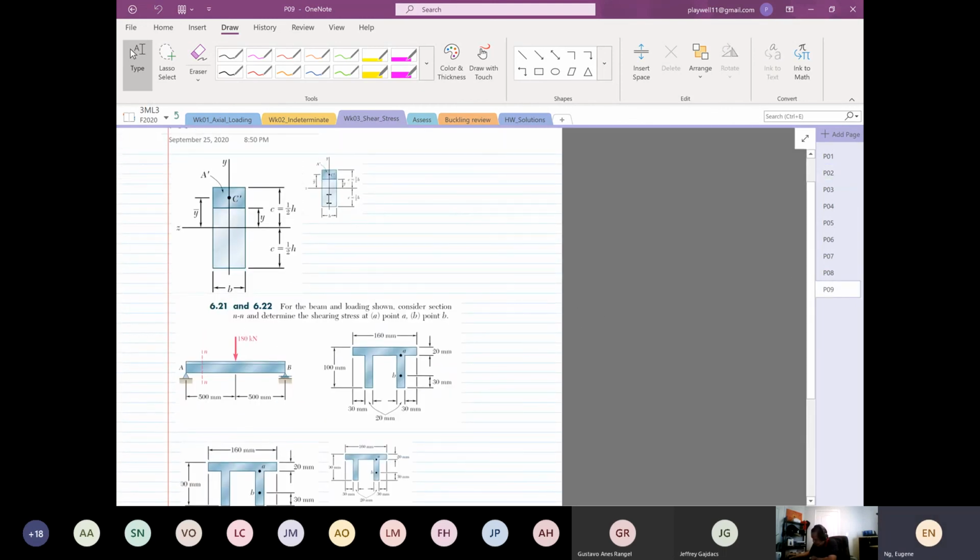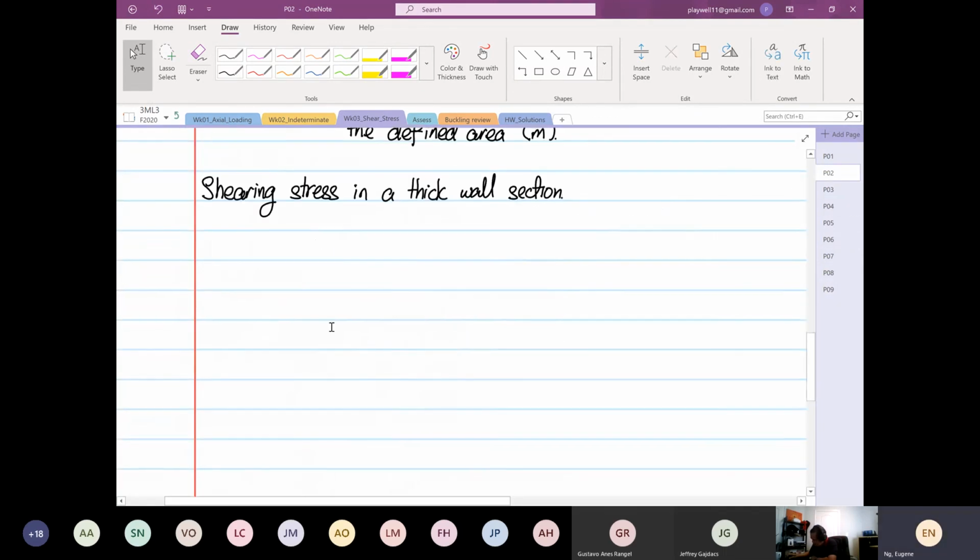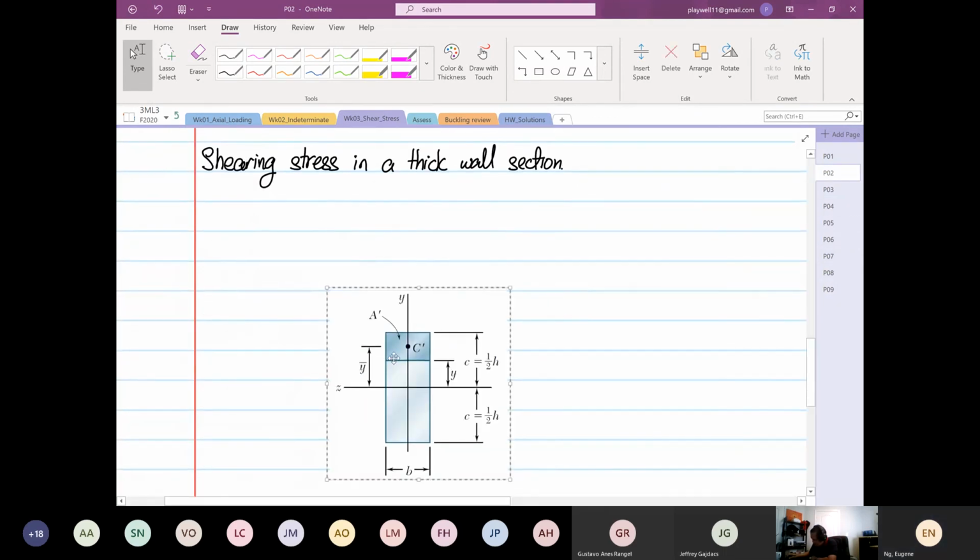You guys would have all these diagrams on Avenue to Learn. So we're going to look at this diagram first.